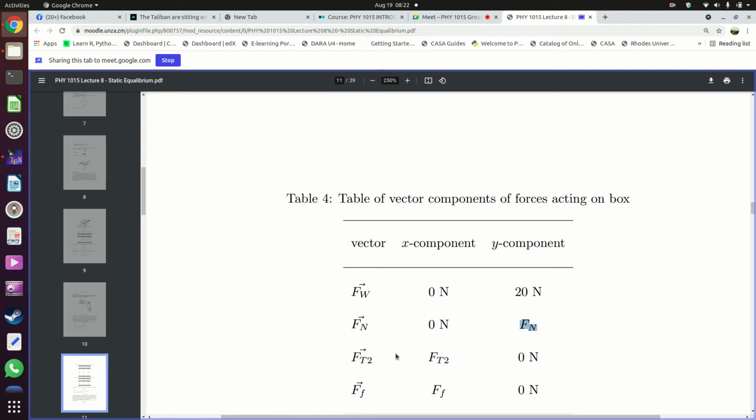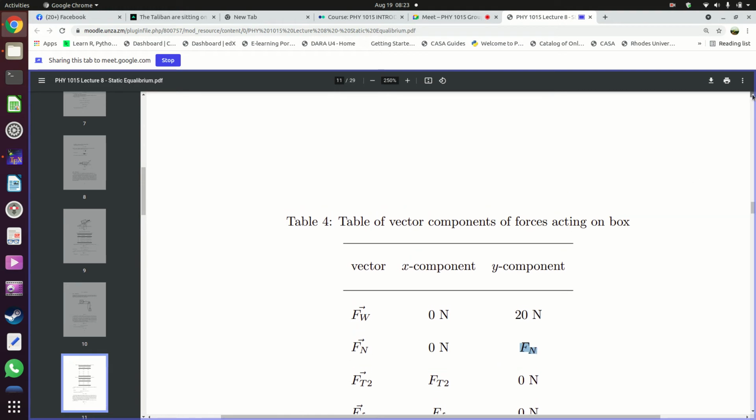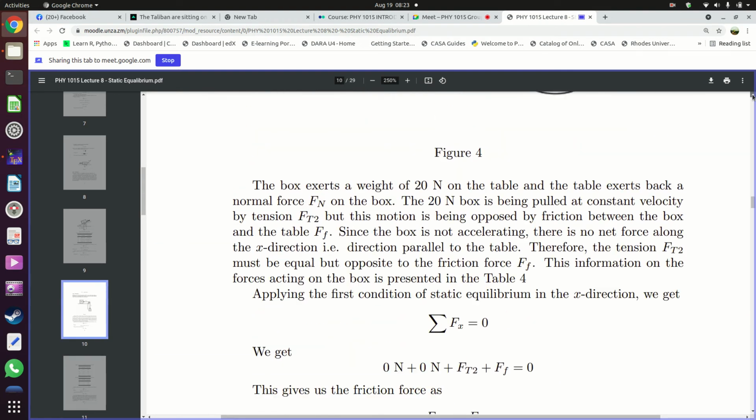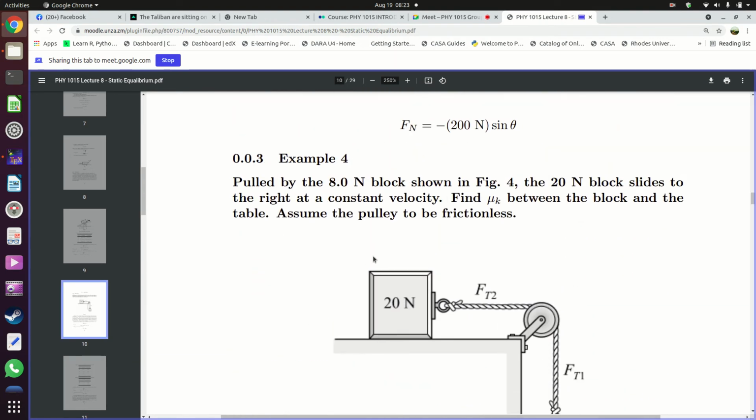Okay, then if you look at the tension in the rope, because you have drawn an XY plane over this particular box, the tension in the rope will lie along the positive x-axis. So this force makes an angle of 0 degrees with the positive x-axis.